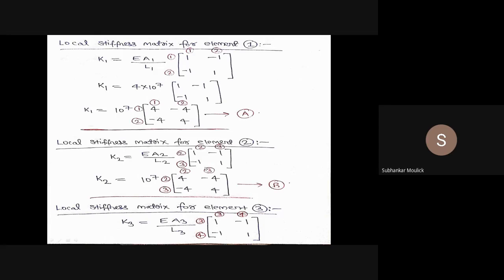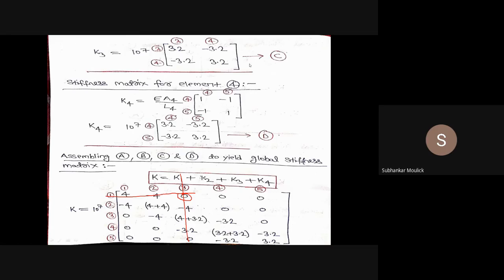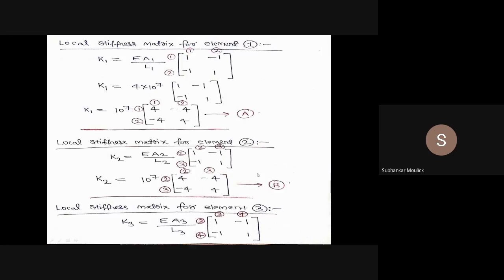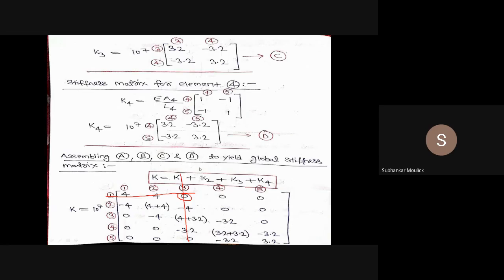In equation number B, third column and third row is there, but there is no first row. And in equation number C, again first row is not there. Equation number D, first row is not there. That means in all the equations D, C, B and A, first row and third column is not present. If that is not present, then by which value I will substitute? I will substitute it by 0. Is it clear?